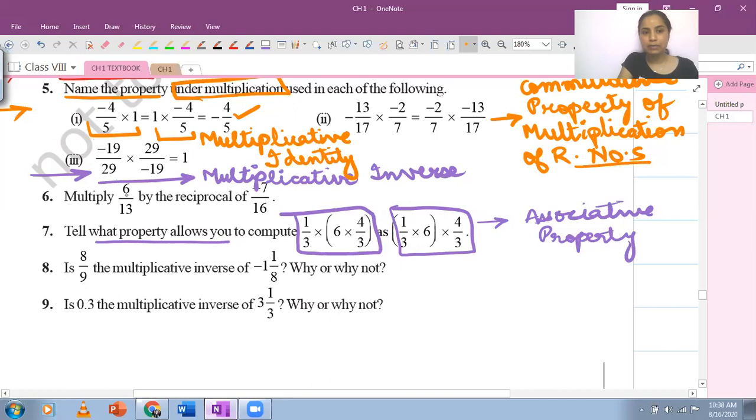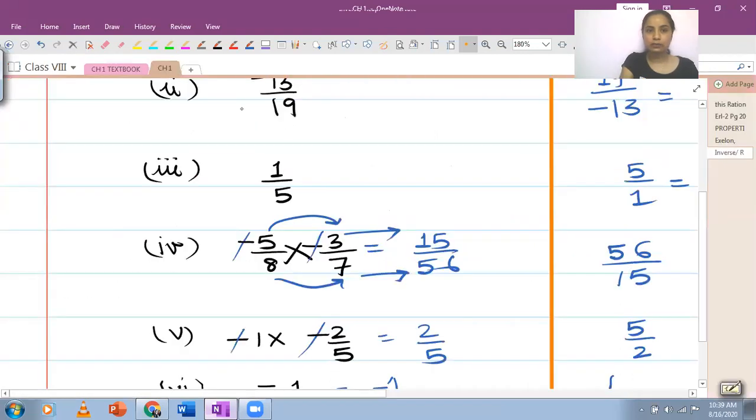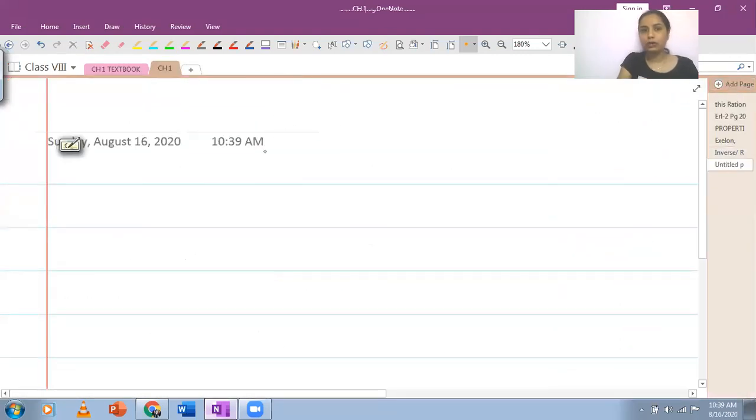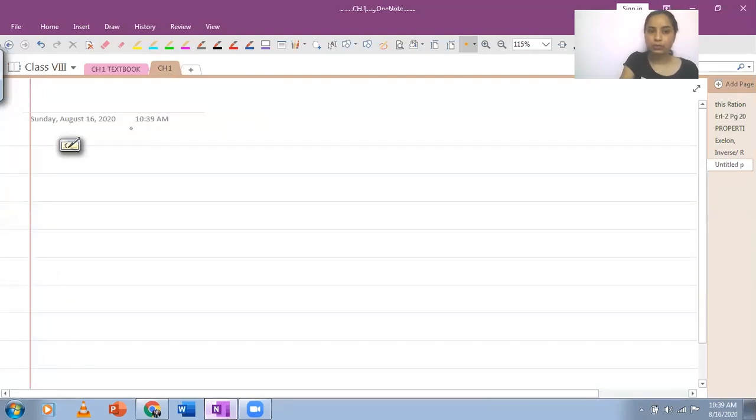You have to multiply 6 by 13 with the reciprocal of minus 7 over 16. So this we are going to do in the notebook. Whichever questions you are doing in your book, please mention in the copy.